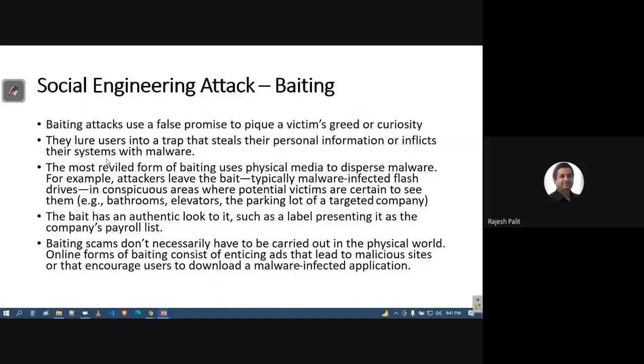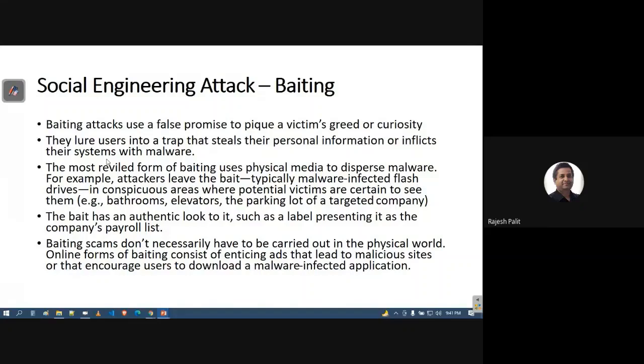When you find it and become curious, you may intend to return the USB drive to the owner, and when you attach it to your computer, your computer will be infected by a virus or worm or malware.